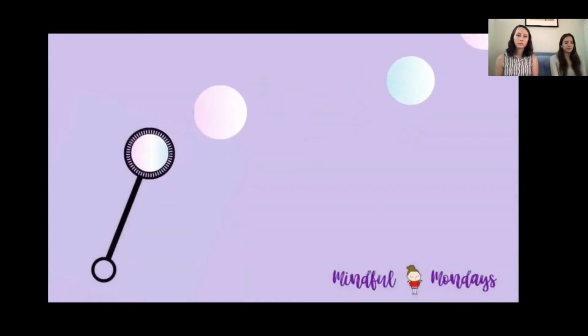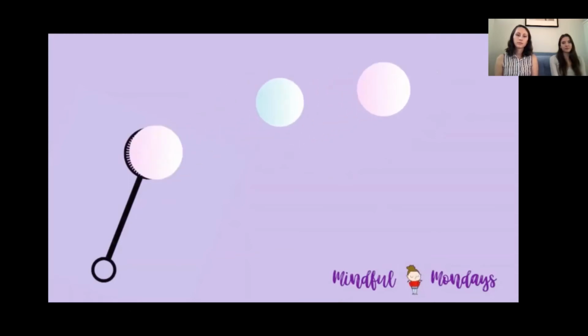In your mind, imagine you have a magical bubble wand. This wand looks like any other bubble wand, but it can turn your worries and bad thoughts into bubbles. You just put your worries into the bubble and with a nice big breath, blow the bubble away. Watch as the bubbles float away into the sky, far, far away.